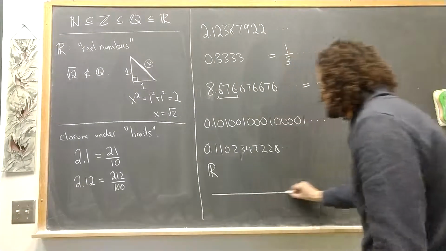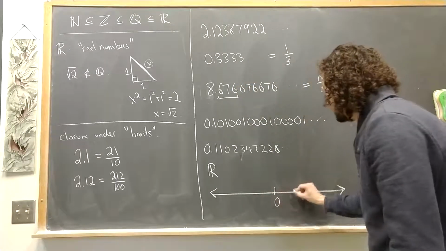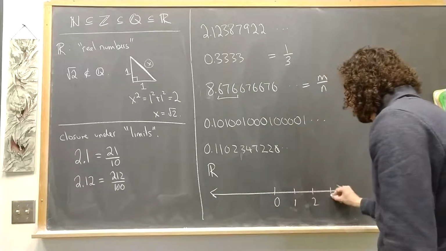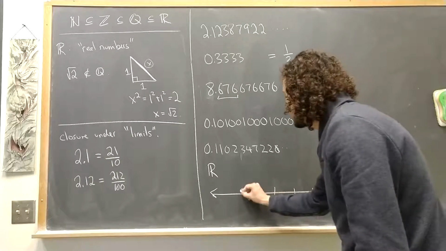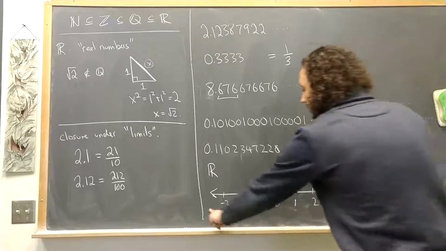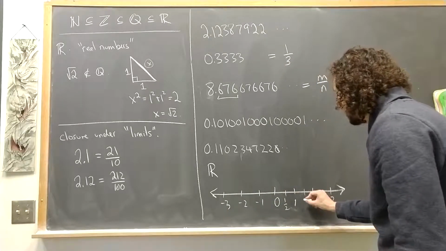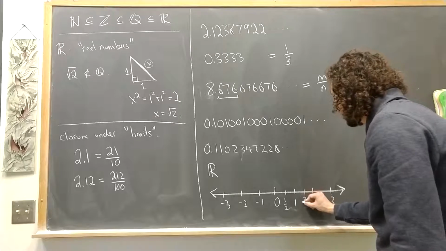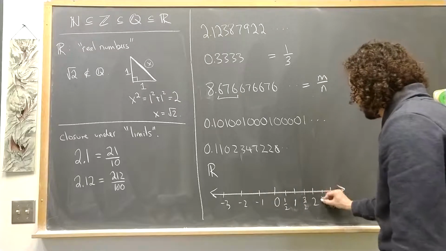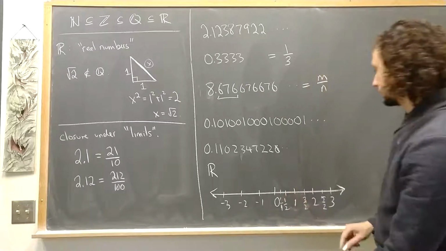And the real numbers can intuitively be laid out on a line. Here's 0, 1, 2, 3, -1, -2, -3. So I've got the natural numbers. I expand to the integers. I've got my rational numbers here, right? 3 over 2, 5 over 2. You can add in 1 over 4, and so on.